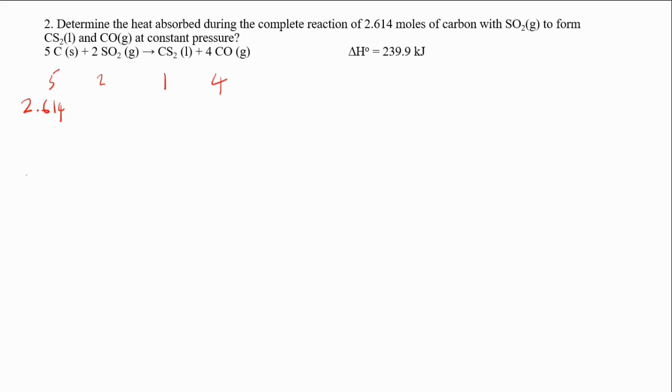It would be 2.614 divided by 5 times 2. This would tell us the number of moles of sulfur dioxide that would react. We are just using the mole ratio to find out the number of moles of the others that are not known, because the question only told us about carbon. So that's what we're doing.